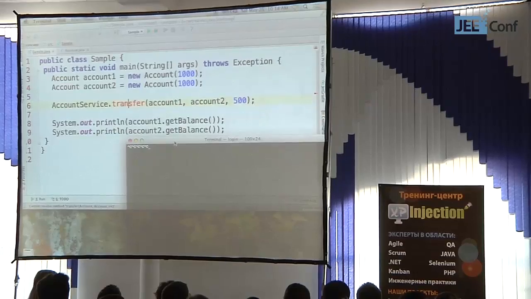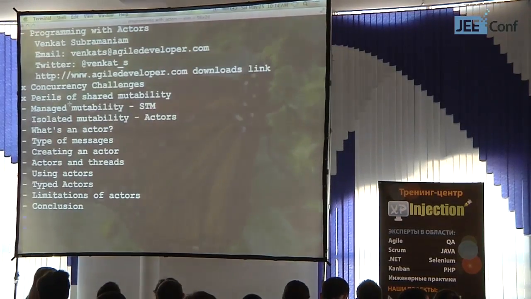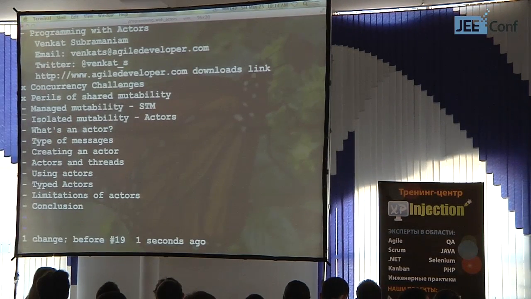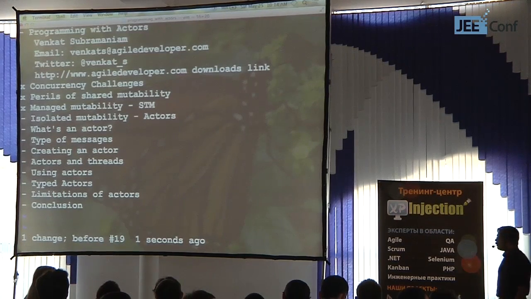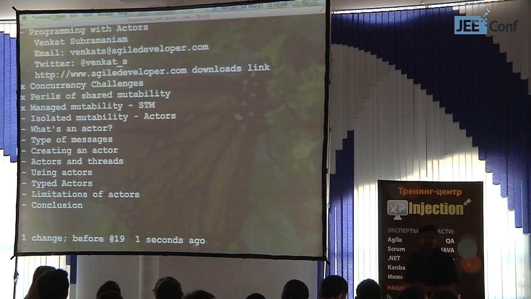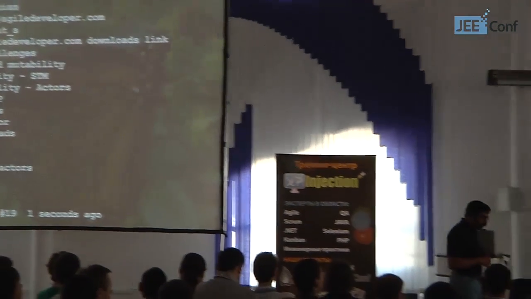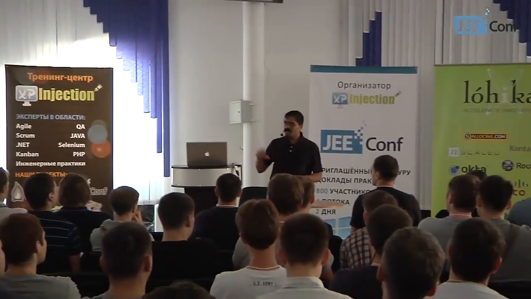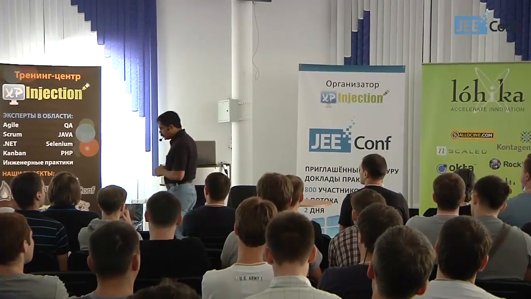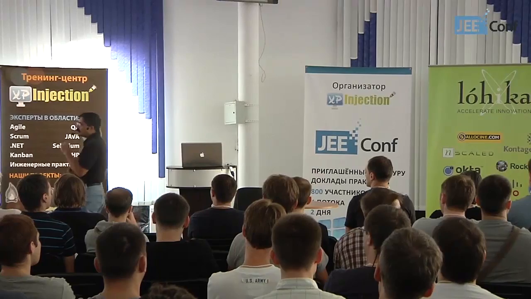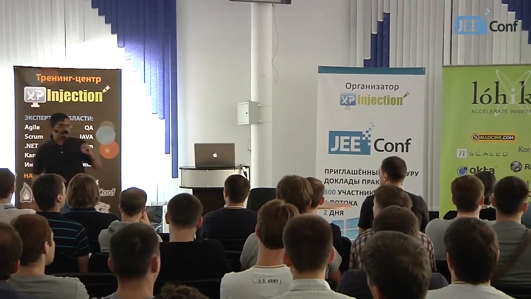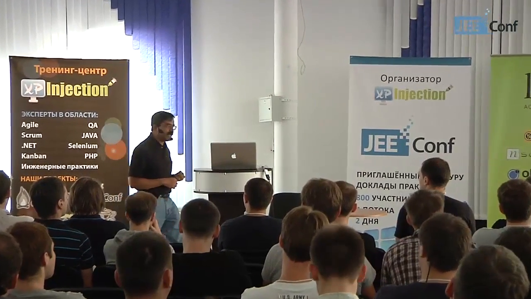So how do you deal with this situation in code? One of the ways to deal with this is to use what is called managed mutability, and this is software transactional memory. We talked about this a little bit yesterday, but let me reiterate what STM is all about. In software transactional memory, we have a special type of variable called a managed mutable identity.